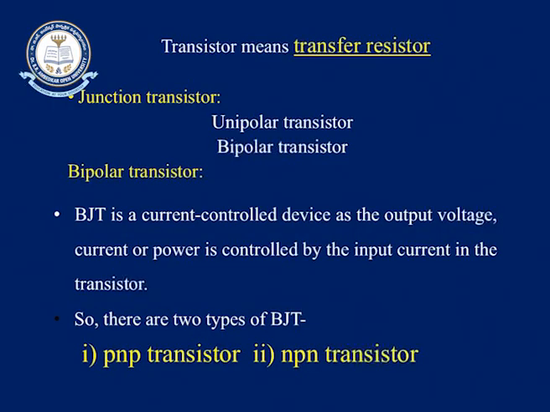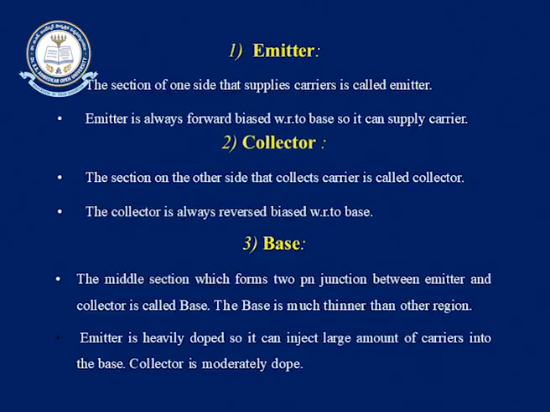So, final conclusion, what is transistor? Transfer resistor is the transistor. In this transistor we have PNP and NPN and 3 configurations: emitter, base, collector, common base, common emitter, common collector. On each side we check input as well as output. Again we discussed hybrid parameters.